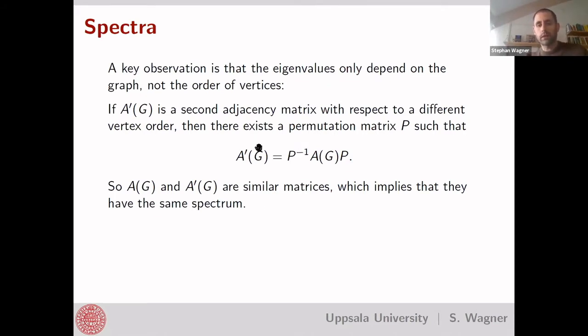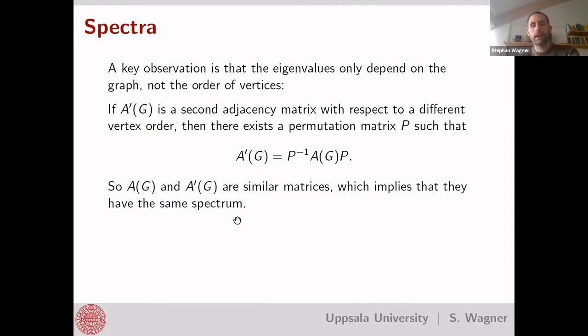But that means that these two are similar matrices. So I get the one by conjugation from the other. I get one by taking some matrix inverse times A times that matrix P. And similar matrices, so those that can be obtained by this type of transformation, always have the same spectrum. That's a well-known fact from linear algebra. So A prime and A have the same eigenvalues, which means that it doesn't actually matter what order of vertices I took, the eigenvalues I'm getting are always the same.